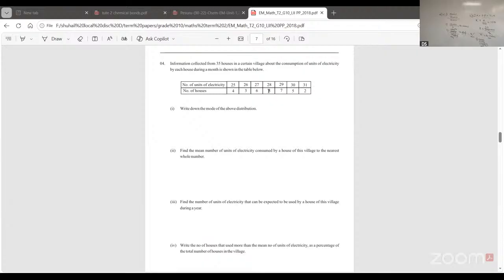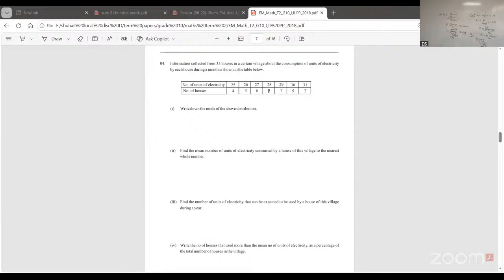Number 2. Find the mean number of units of electricity consumed by a house of this village to the nearest whole number. How will you find the mean? You multiply everything and divide by all the houses.